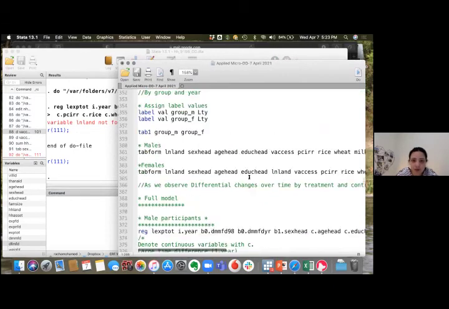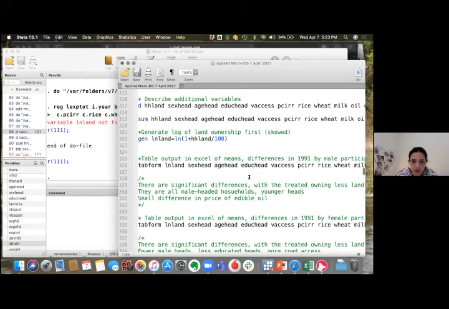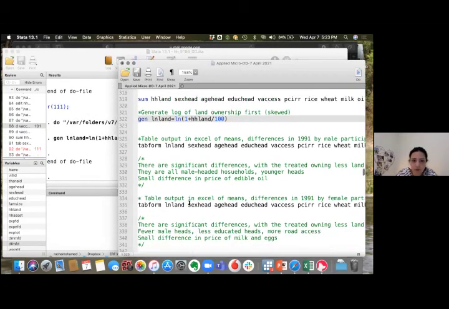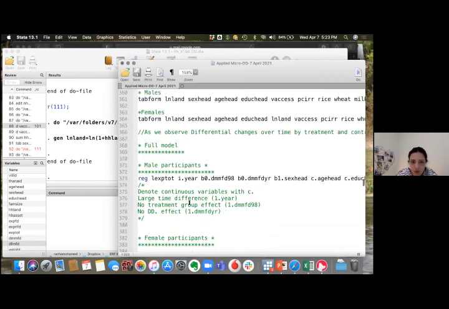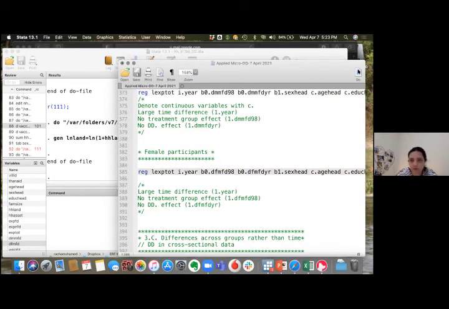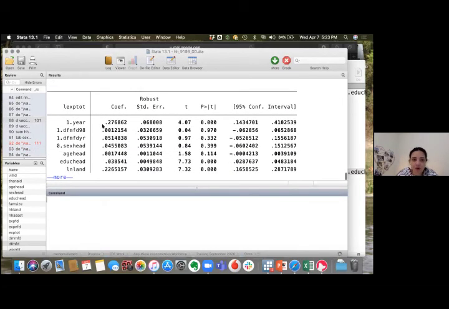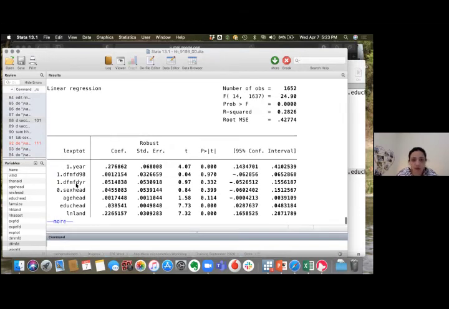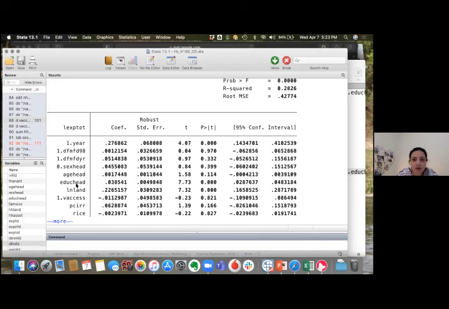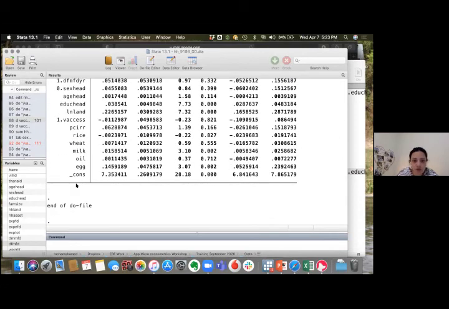Oh, I didn't run the land variable. Okay. So here it is the same thing. We have first the coefficient of the time dummy, the coefficient of the treatment, the coefficient of the interaction, then the coefficient of all the other variables.